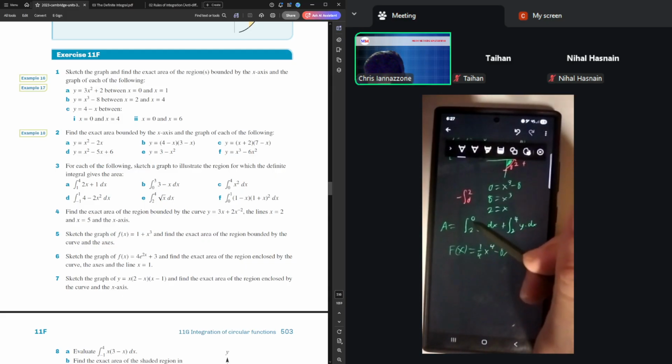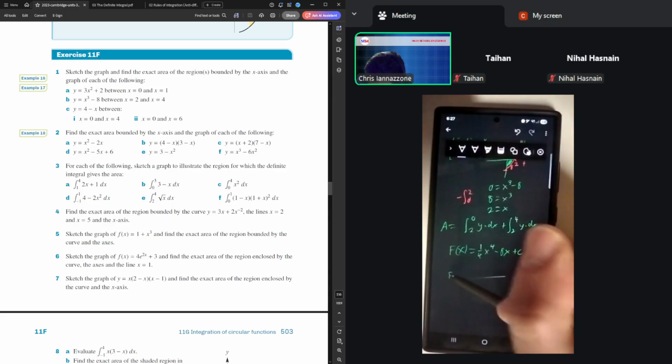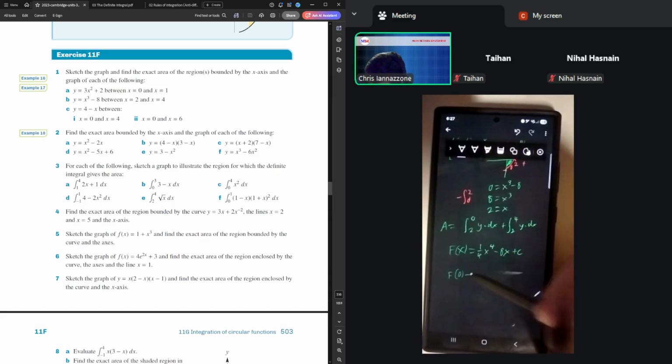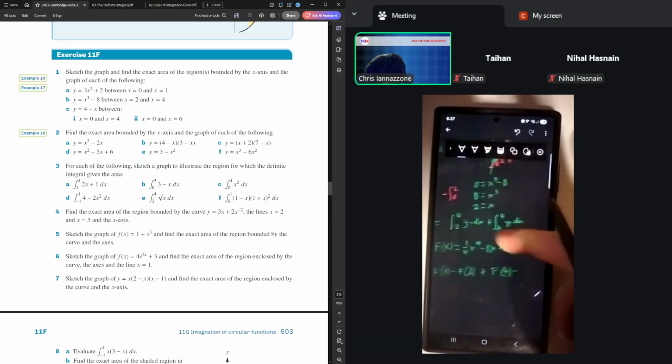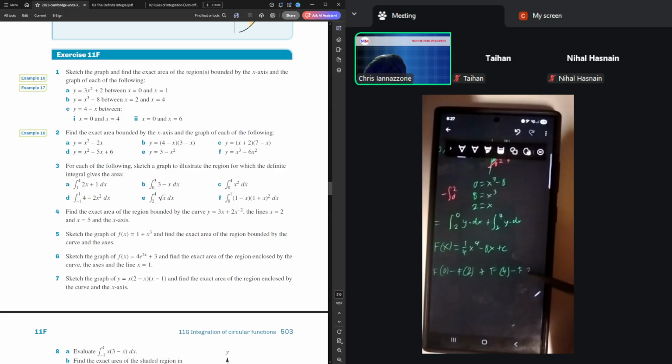So for instance, this one, again, it's top take bottom. You got capital F of 0 minus capital F of 2. And you're adding that to capital F of 4, take capital F of 2. You're adding it to this section here, top take bottom of that one.